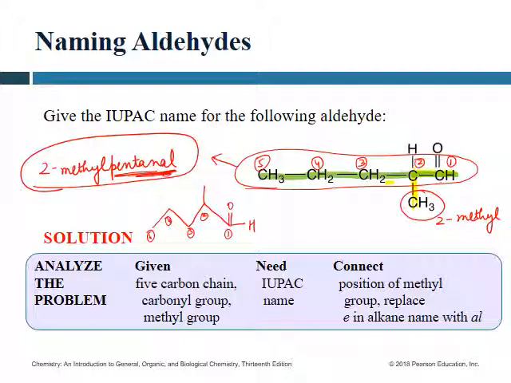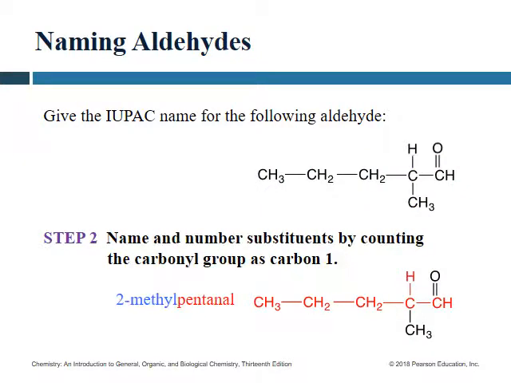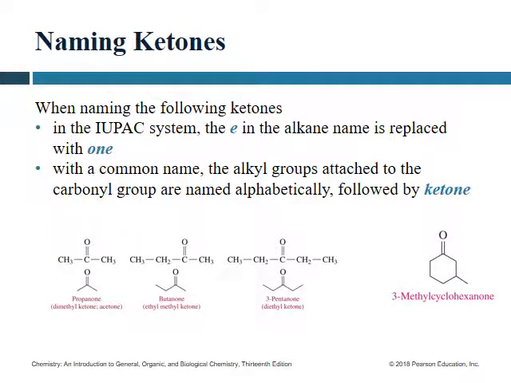Okay, so when you're drawing the structure, it really doesn't matter how you start numbering. You just have to remember, if there is a functional group, you number that first. Okay. All right, and then again is given in the slides. So if you ever forget it, you could read through this again.